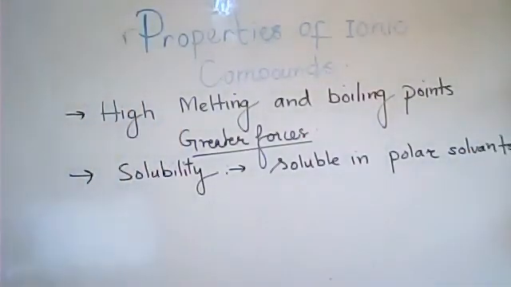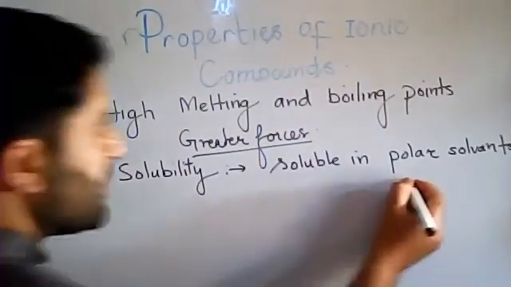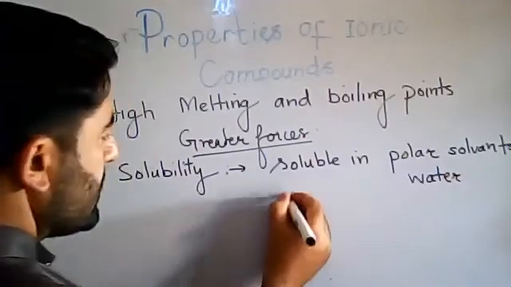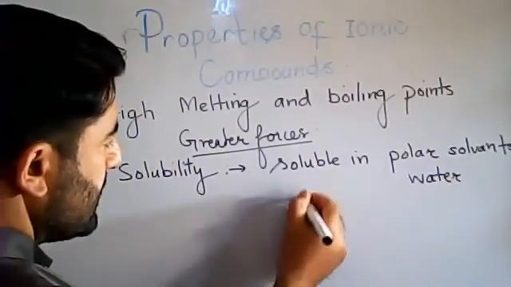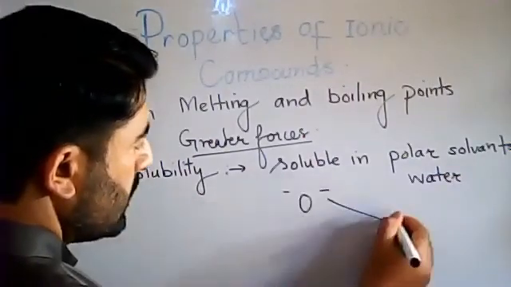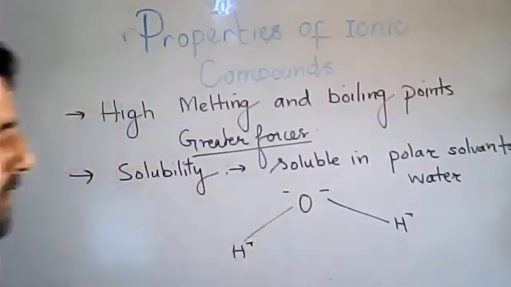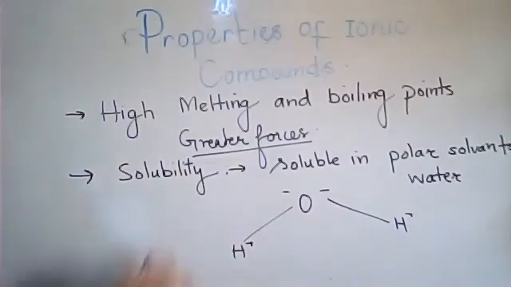Okay, now I have written here, they are soluble in polar solvents like water. You know, water is a polar solvent. Like this, one negative, and the positives. So it's a polar solvent. So these ionic compounds are soluble in the polar solvents, and they are insoluble in non-polar solvents.